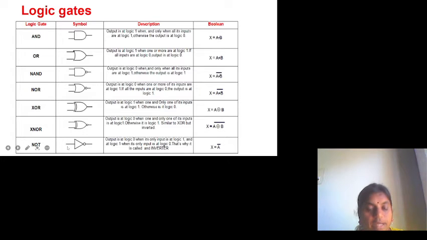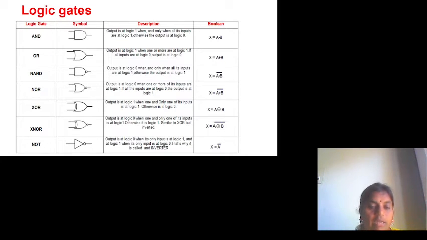In another interval of time, if we give logic 1, or high level logic, as input, then the output of the NOT gate will be logic low, and you will get logic 0 as the output.